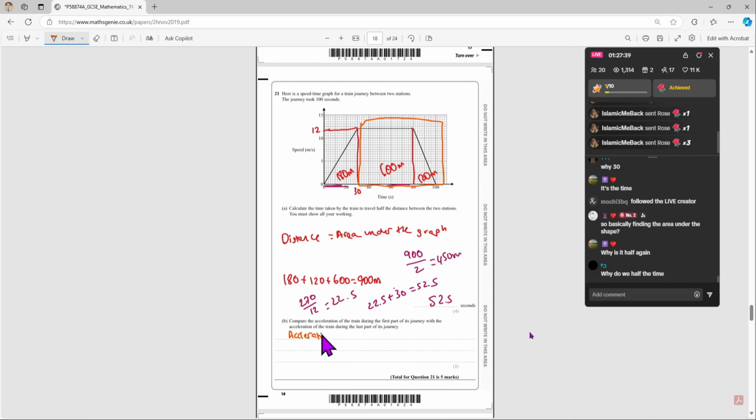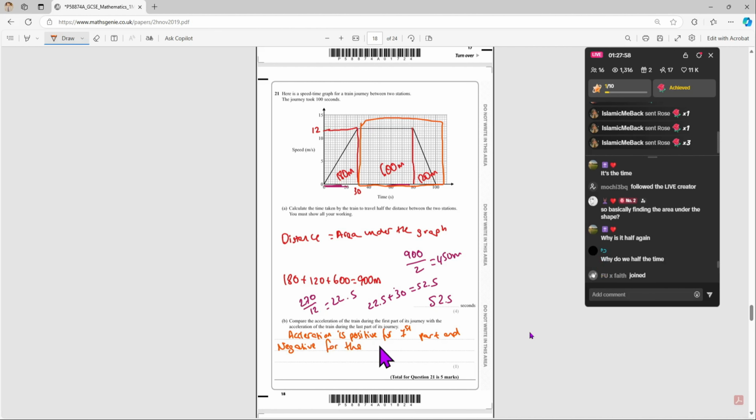Acceleration is positive for the first part, and negative for the second, okay? And that's how you would basically put it, okay?